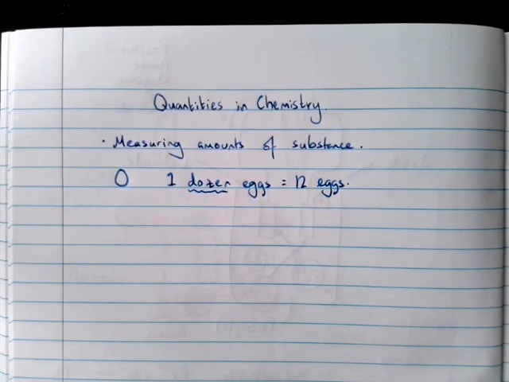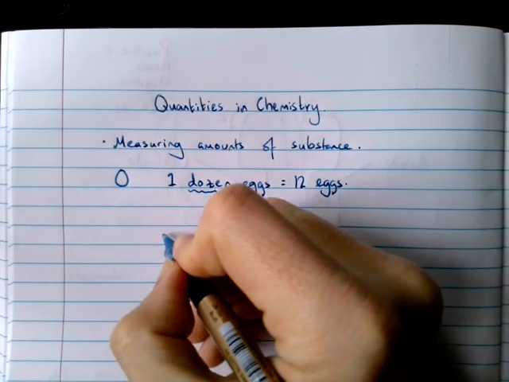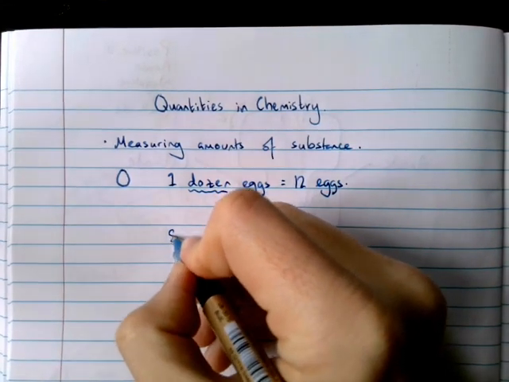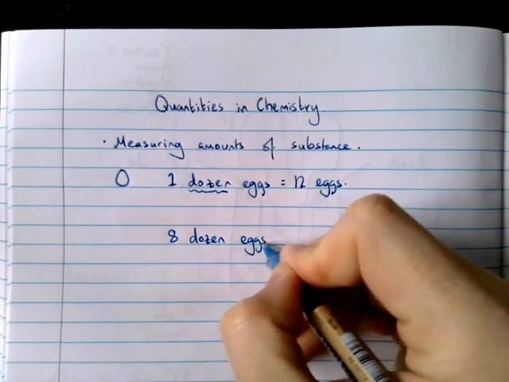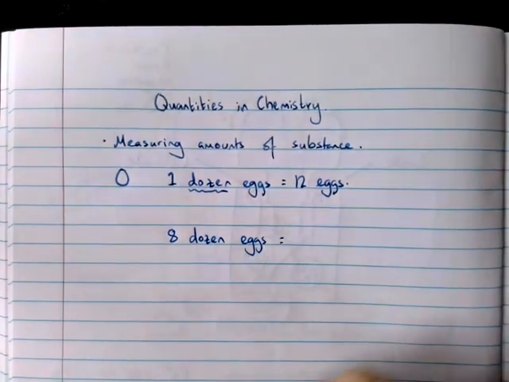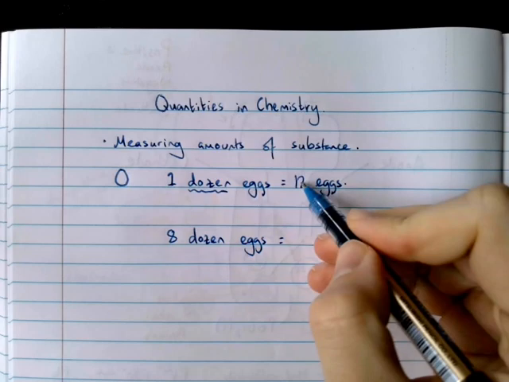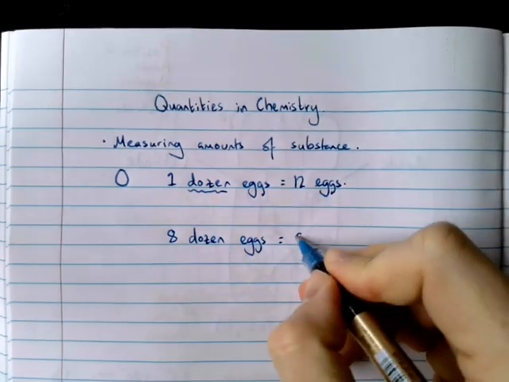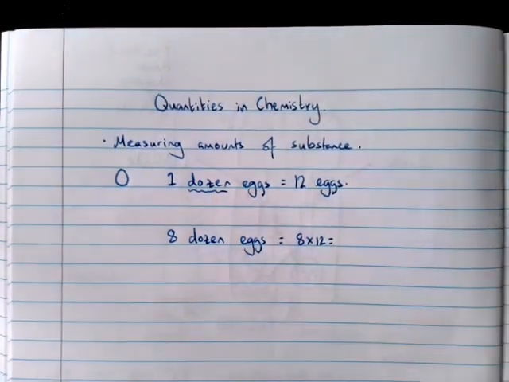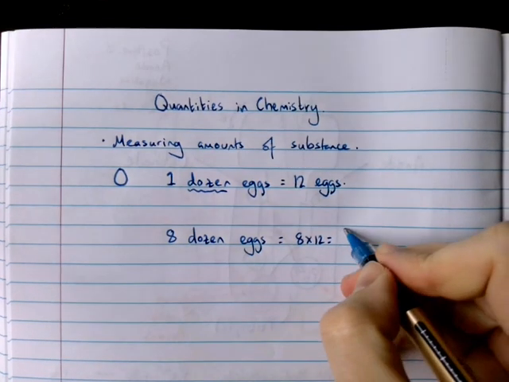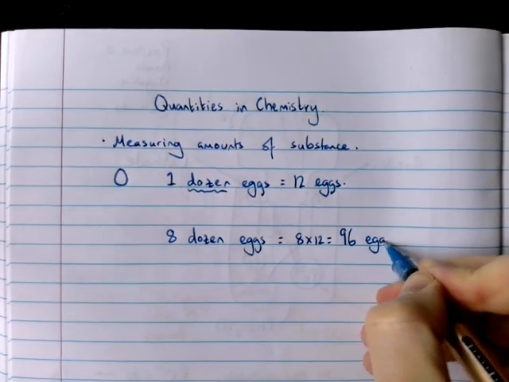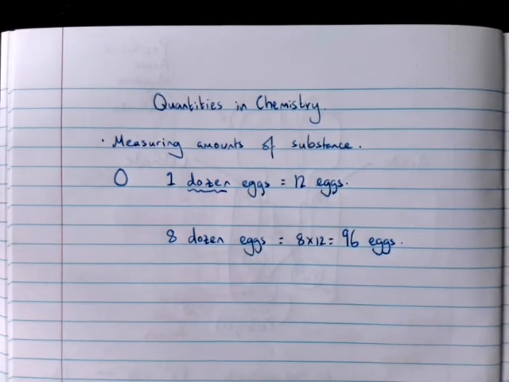If I have, let's say, 10's too easy, let's say 8 dozen eggs, how many eggs do I have? Well, I know that 1 dozen is 12 eggs, so if I have 8 dozen, I have 8 times 12, and 8 times 12 is 96 eggs. We can do this the other way.